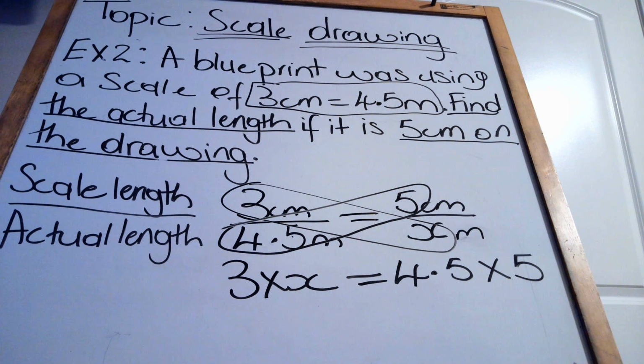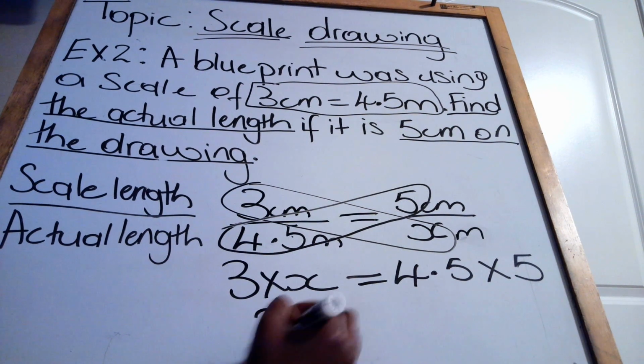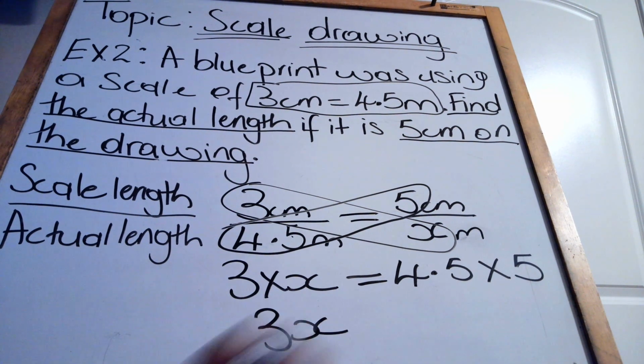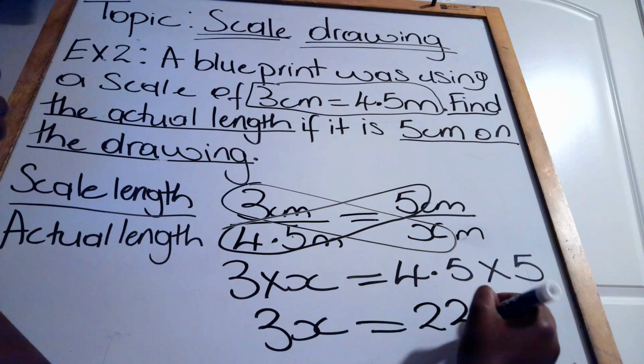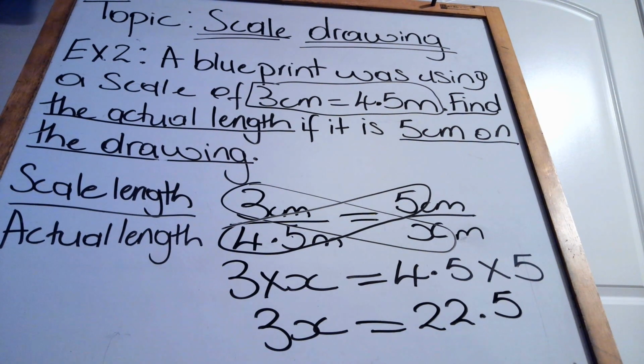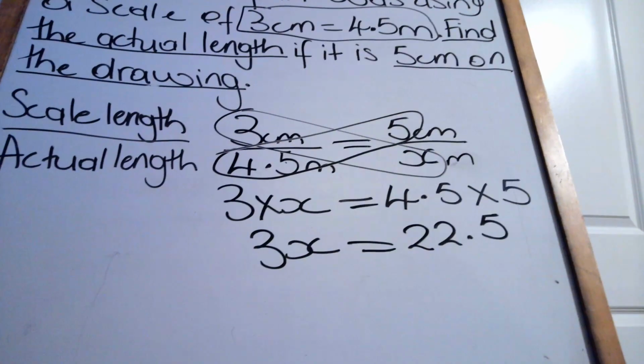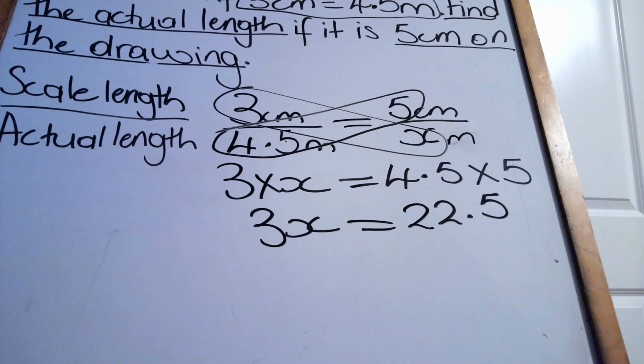3 multiplied by x gives us 3x. 4.5 multiplied by 5 gives us 22.5. Remember, the aim is to find what x is equal to.